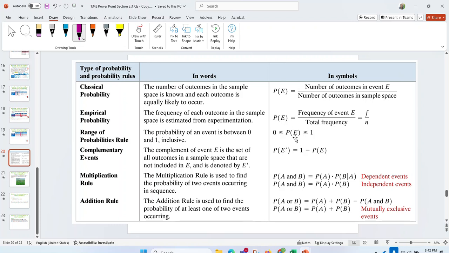For complementary probability, you can use 1 minus the other one, because P and P prime add up together to 1.